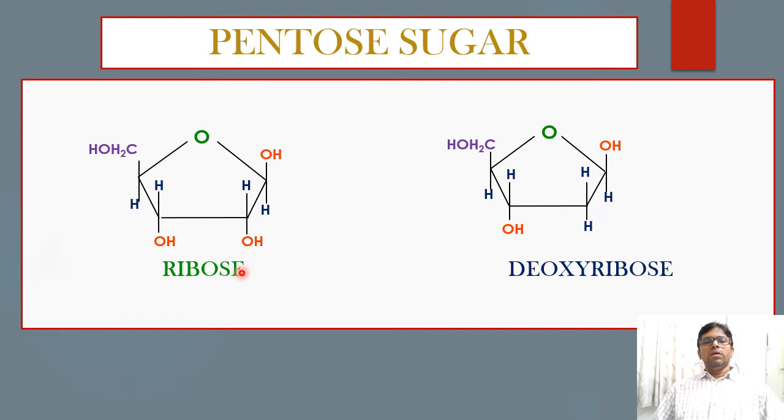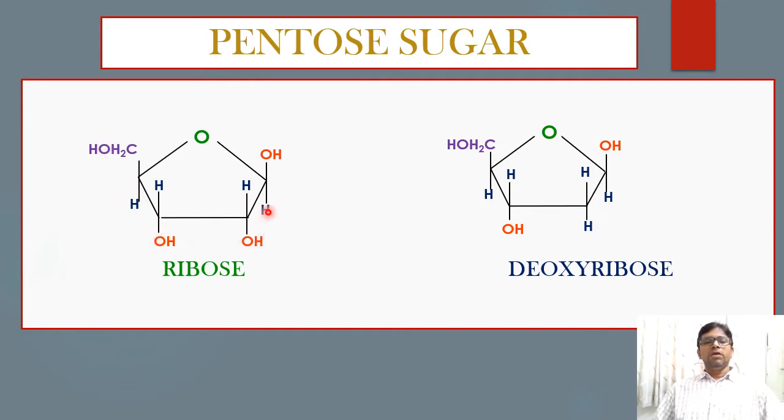Ribose is a 5-carbon compound: the first carbon is present here, the second carbon is here, third carbon position is here, fourth carbon position is here, and this is the fifth carbon. Here you can see 5 oxygen atoms are present in ribose sugar: first, second, third, fourth, and fifth oxygen.